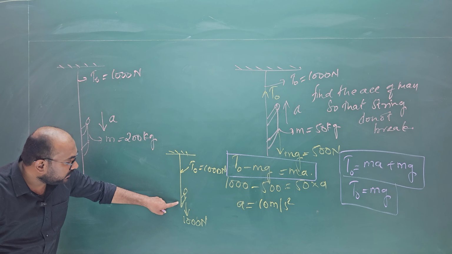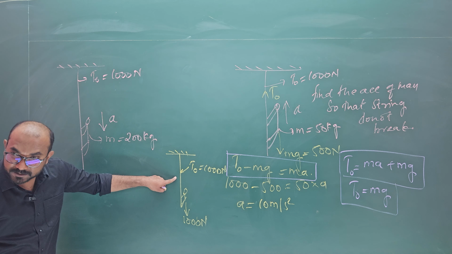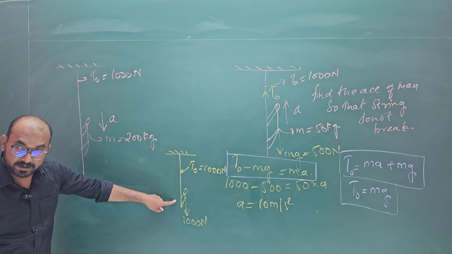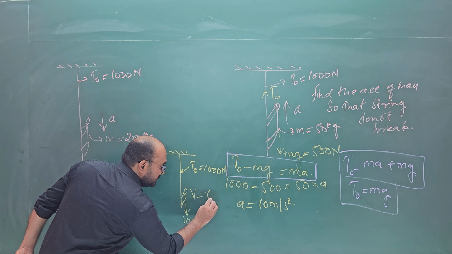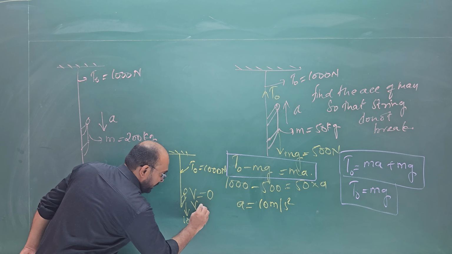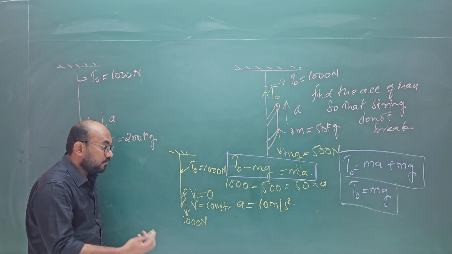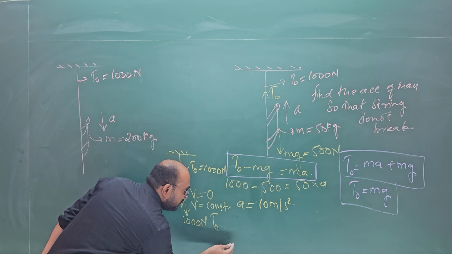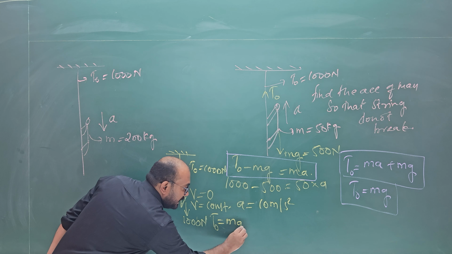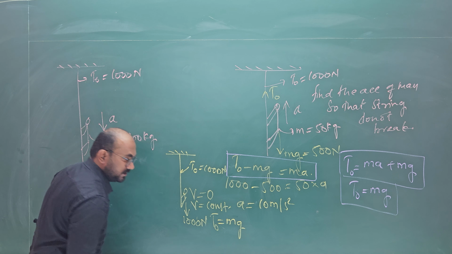If this man is moving in the upward direction or he is at rest, that means V is 0 or V is constant, the string never breaks. Why? Because T naught is equal to mg. It never breaks.